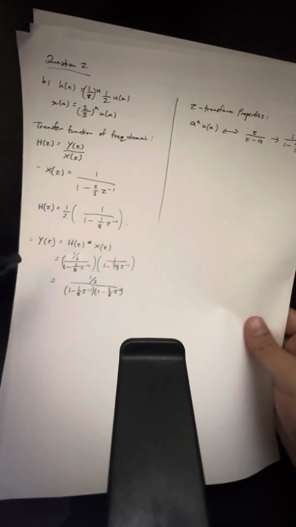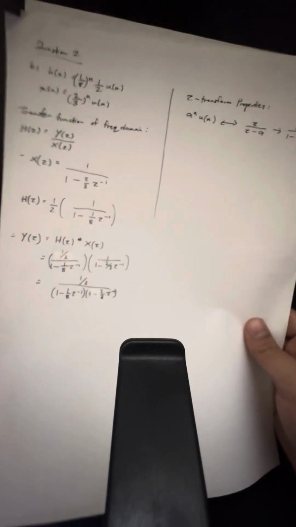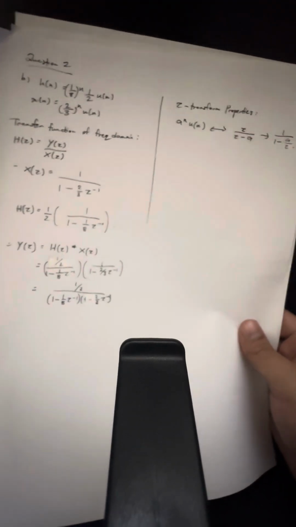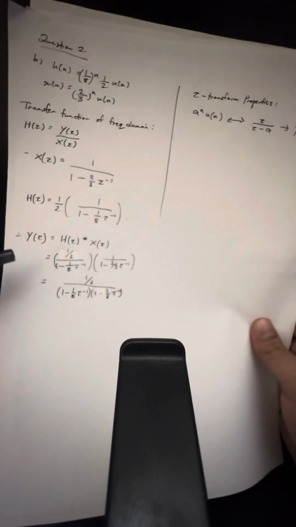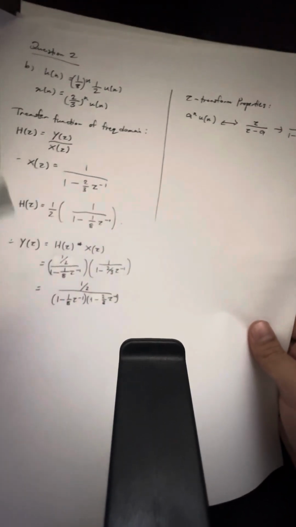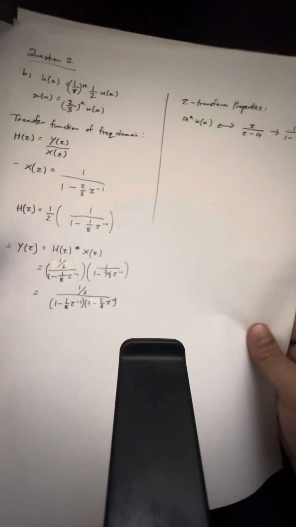The next step is that we need to find the frequency domain of the system output. The easiest way is by using the z transform of the transfer function.